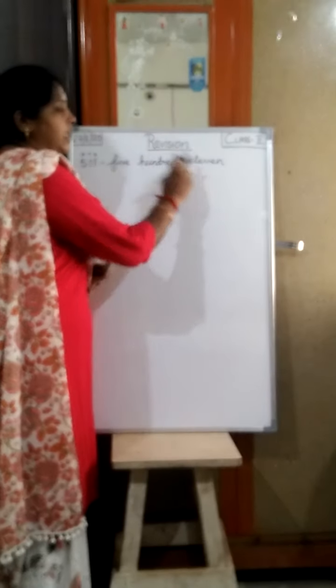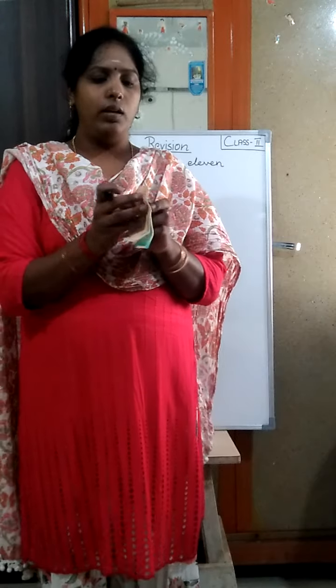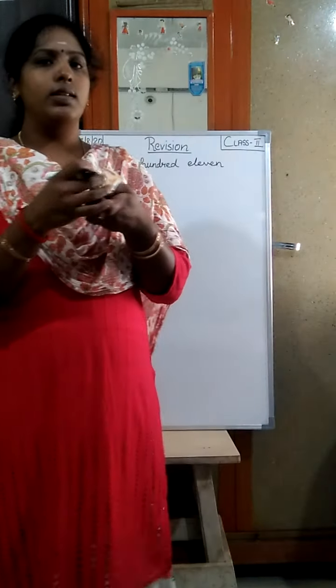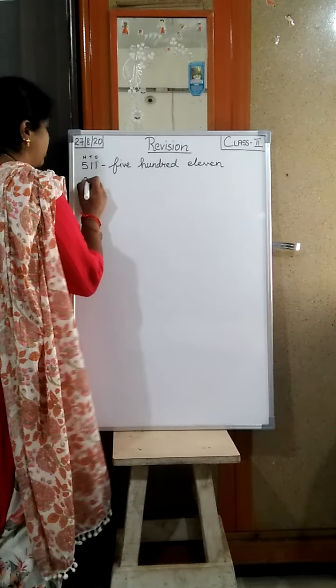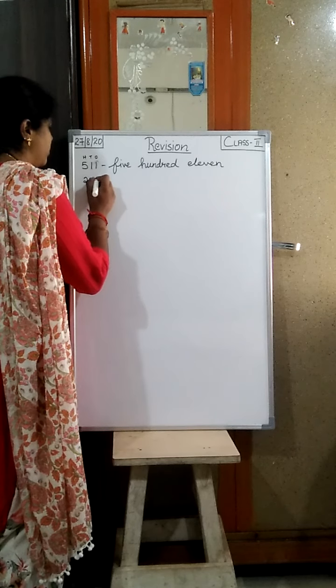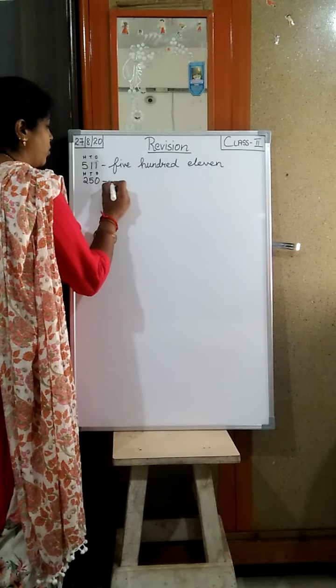Okay, children. Now 511. Now see, I am having one 2 rupees note and one 50 rupee note. So now this is 250 rupees. So ones, tens, hundreds. So 2.